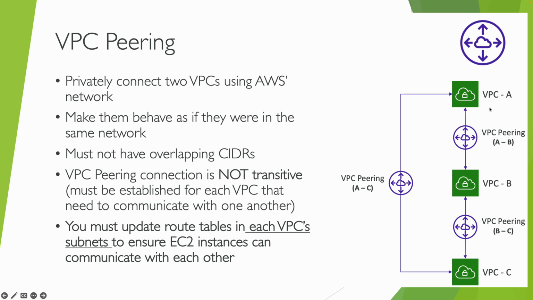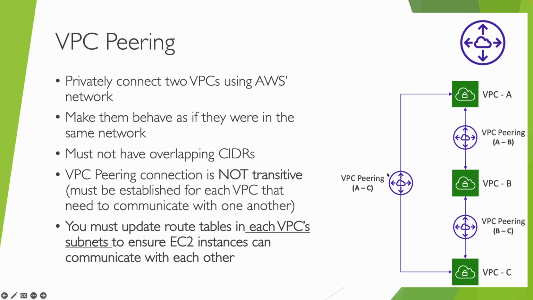So if you want to create a connection between any two networks, there must definitely be a VPC peering. You must update route tables in each VPC subnet to ensure EC2 instances can communicate with each other.